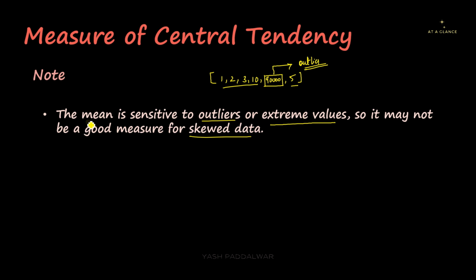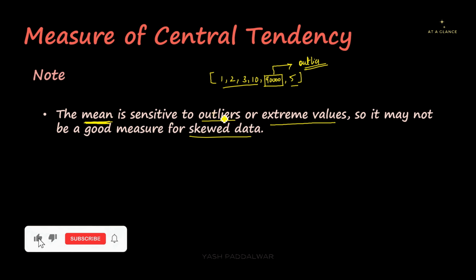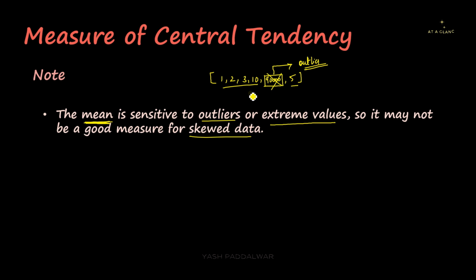So it is said that the mean is always sensitive to outliers. Whenever in a given set of data we add an outlier, the mean will change drastically. Now, why is the mean sensitive to outliers? Just consider this case. If we ignore this value, let's say it does not exist, and we take the average of the data points 1, 2, 3, 10, and 5, we'll get an average which will be extremely small.